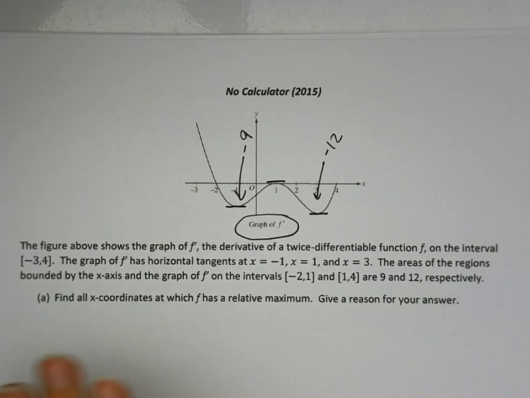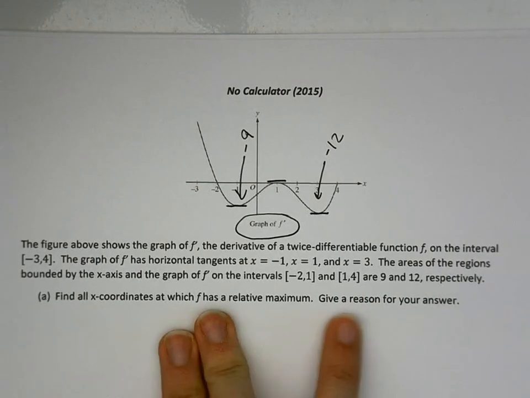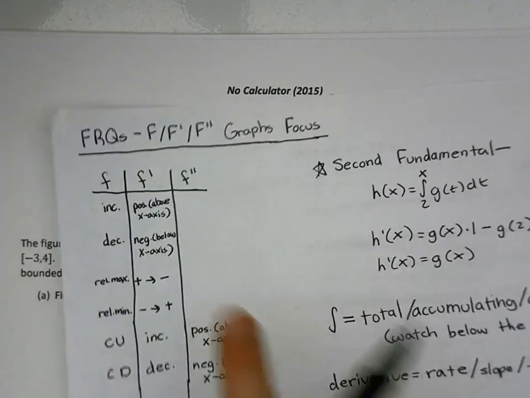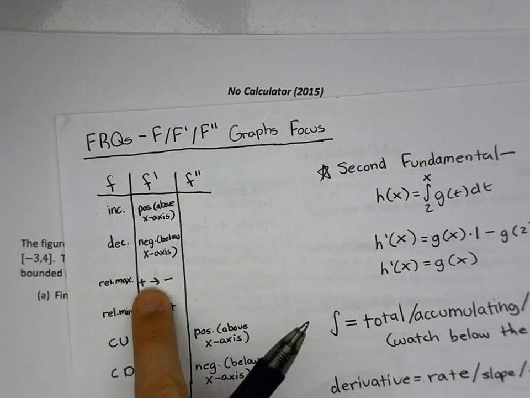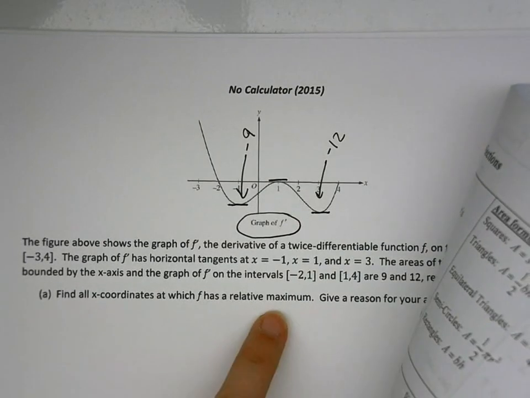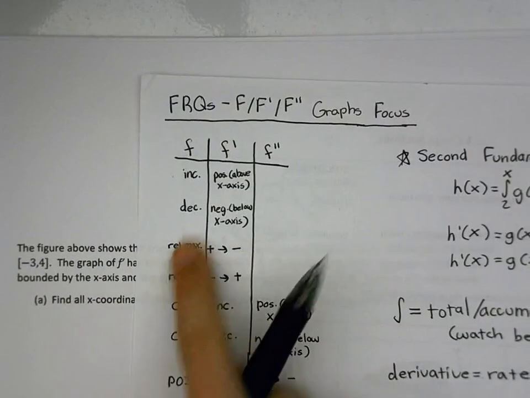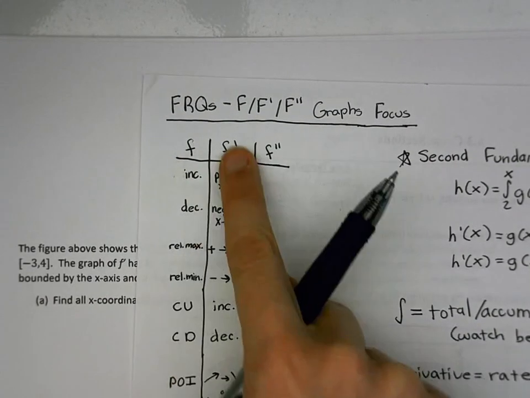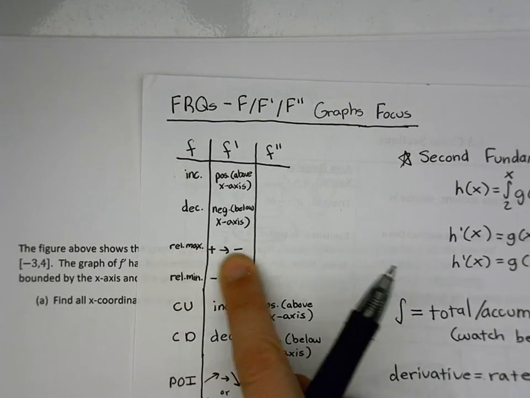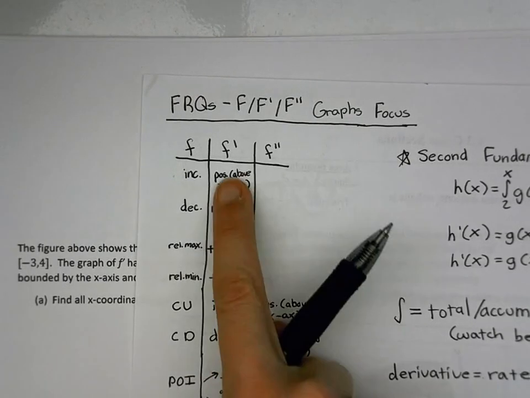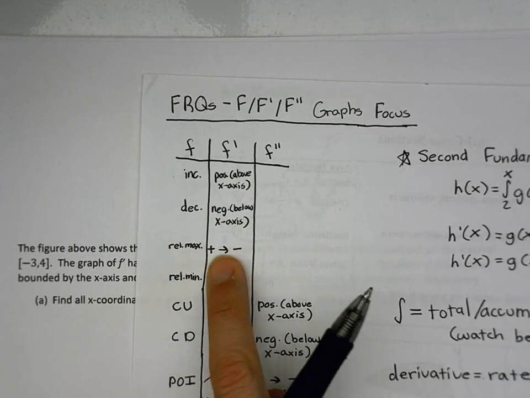Sorry, find all x coordinates at which f has a relative maximum. Give a reason for your answer. Remember, we're looking at an f prime graph. Okay, and so when I'm trying to figure out where f has a relative maximum, but I'm looking at an f prime graph, I'm going to be looking for that feature where my f prime is changing from positive to negative, above the x-axis to below the x-axis.